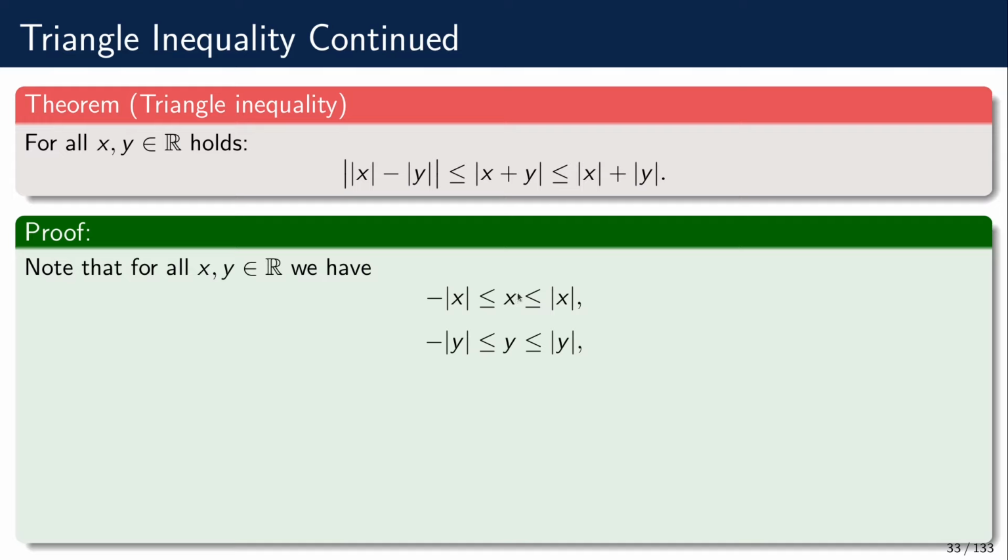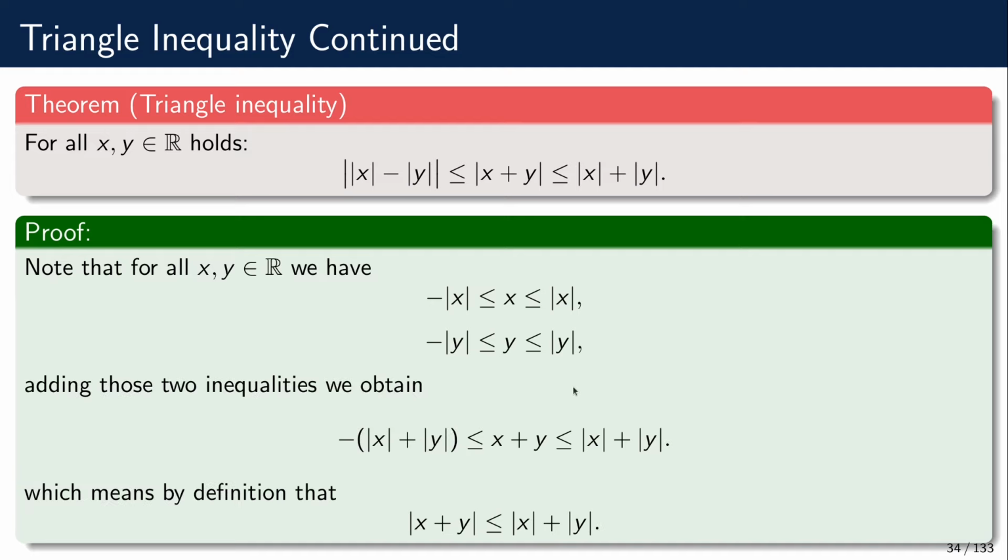So clearly this inequality holds for every x, and similarly for y. Now, let's add those inequalities. What we get is that x plus y, for every x and y, has to be less than this and more than this. So by the definition of the absolute value, it means that the absolute value of x plus y is no bigger than this. So we've proved the first part.